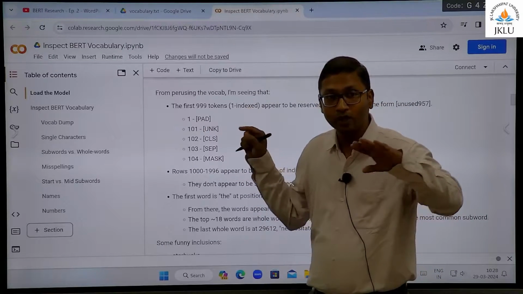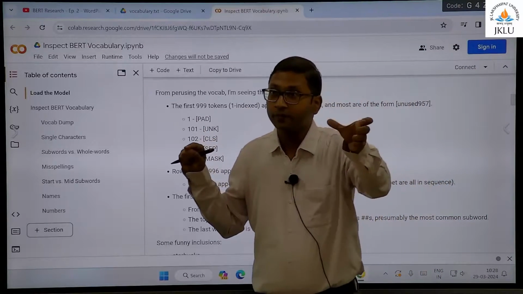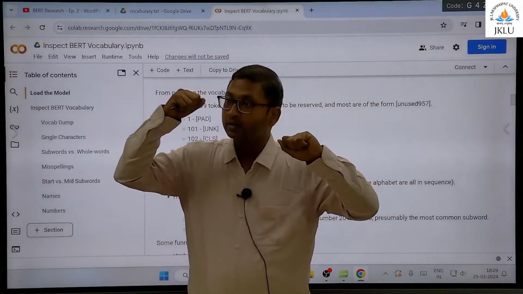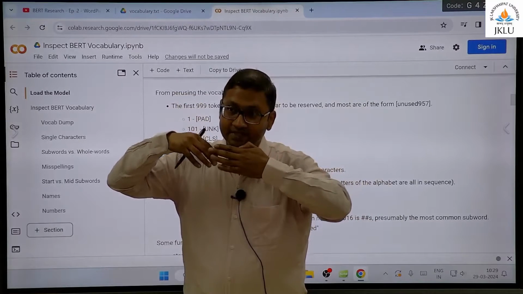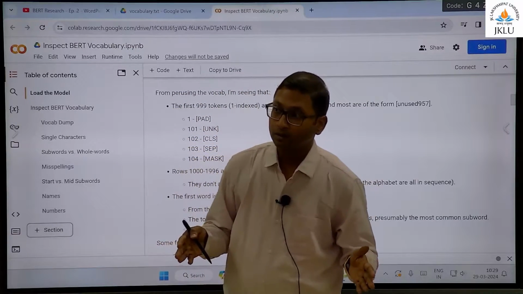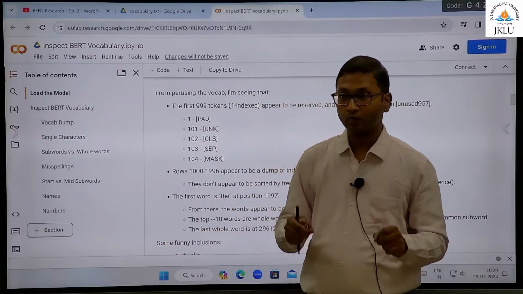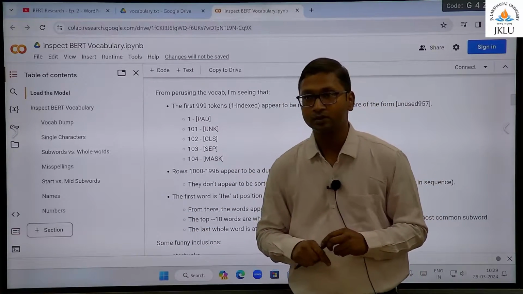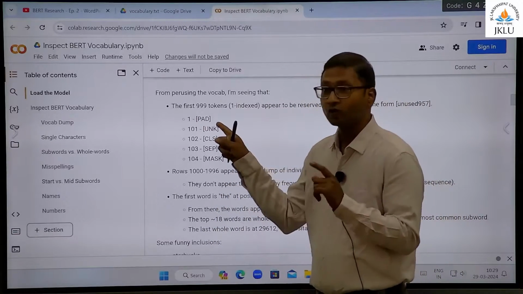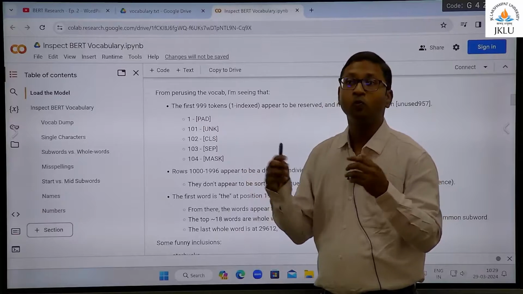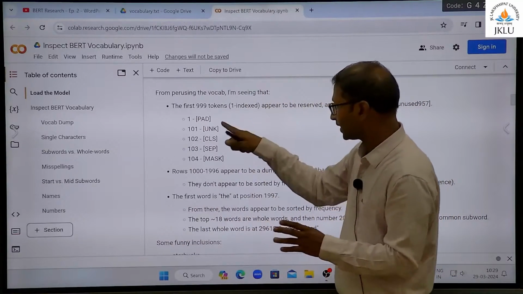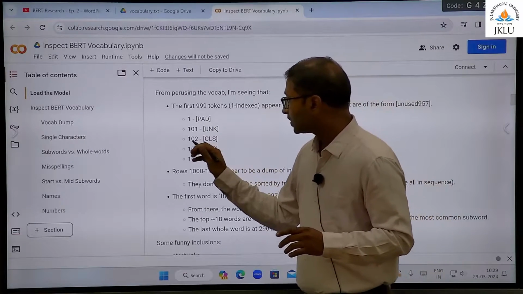How is it different from the unknown of word-based vocabularies? When we had a vocabulary of the distinct words in my corpus and an unknown there, how is that different from this one? It is for a character. That means for most things like English, we'll see the vocabulary and then maybe come back to this discussion. 102 is CLS.